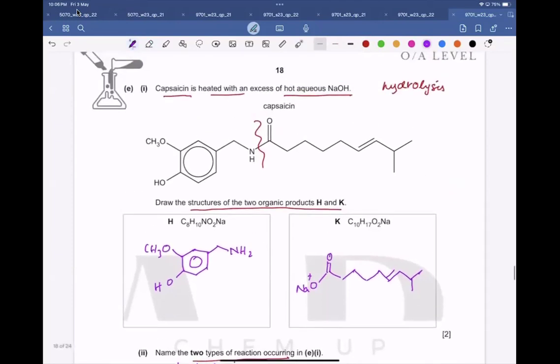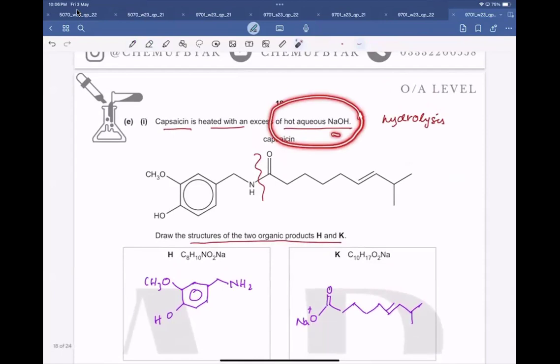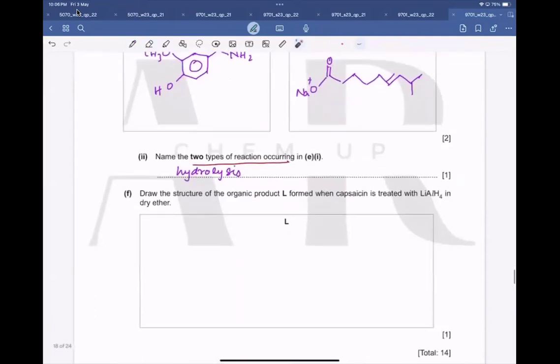Because it's sodium hydroxide, basically here OH would form, but due to the sodium hydroxide, a neutralization reaction occurs. So hydrolysis and neutralization. Is this understandable to all of you?